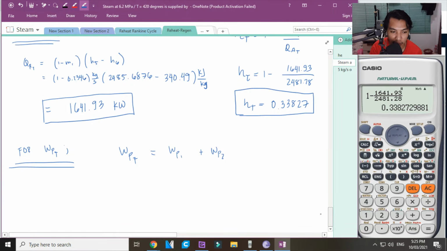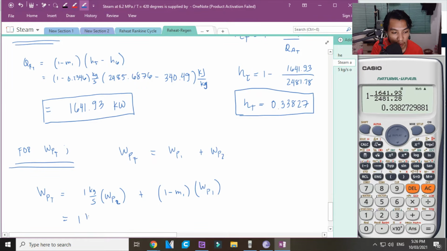Work ng pump total is equal to 1 kilogram per second multiplied by work ng pump 2, tapos 1 minus M1 times work ng pump 1.